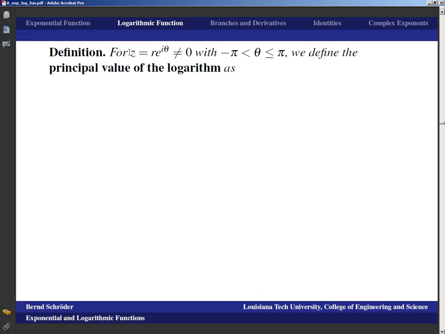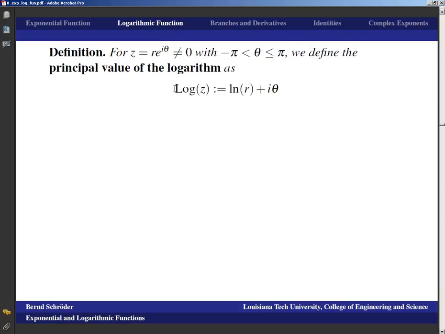And in order to do that, we take a standard representation of z equals r e to the i theta, namely the representation where theta is between negative pi exclusively and pi inclusively, and we define the principal value of the logarithm as capital Log of z being ln r plus i theta.